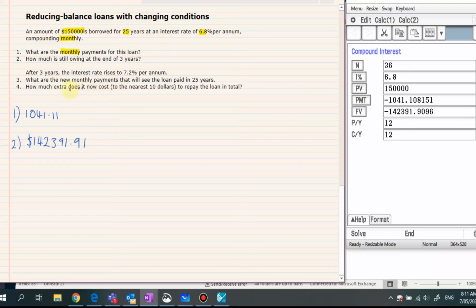Now, this is where we see a change. So after 3 years, the interest rate rises to 7.2%. What are the new monthly repayments that will still see the loan paid in 25 years? Okay, so what we need to consider here, first off, what's our new end value going to be?